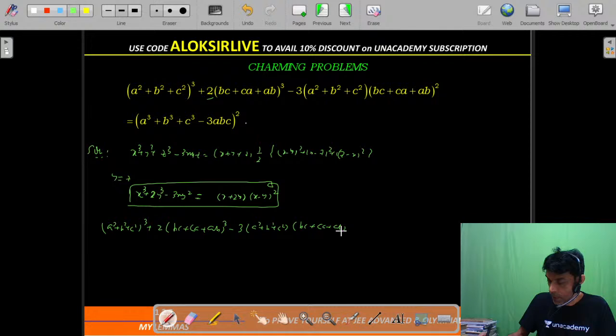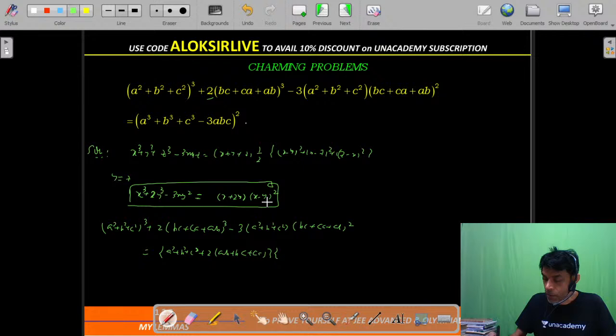That will be x plus 2y, so I add them. So x is a squared plus b squared plus c squared and plus 2 times (ab plus bc plus ca), and times now (x minus y) whole squared, x minus y.